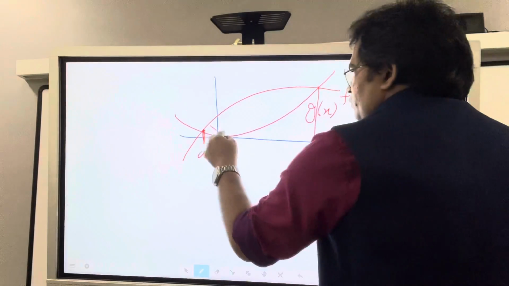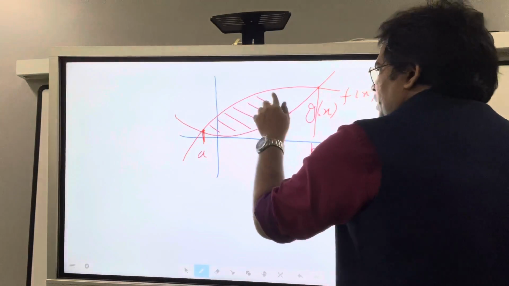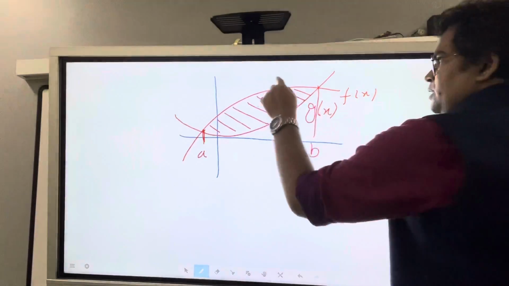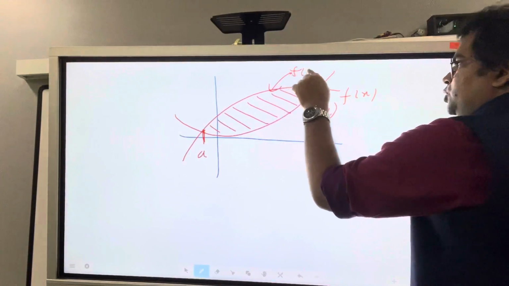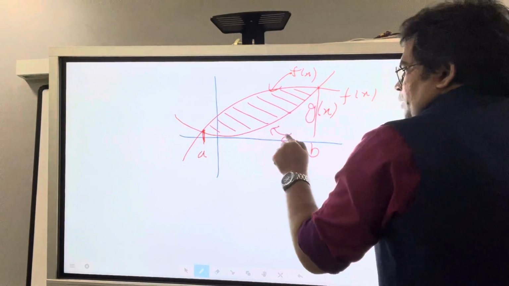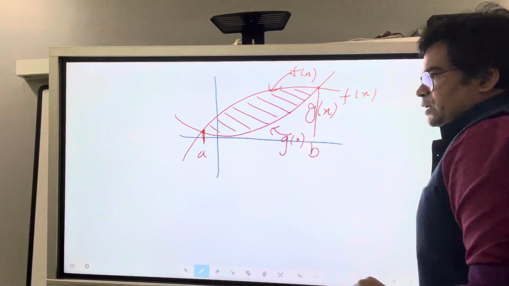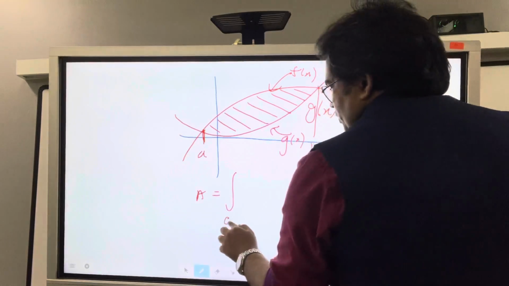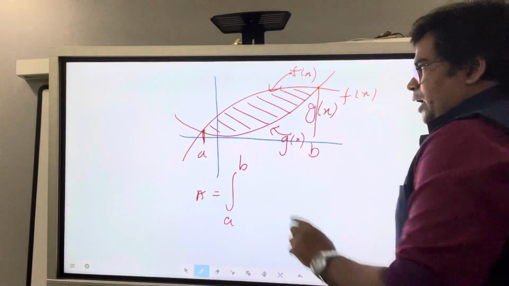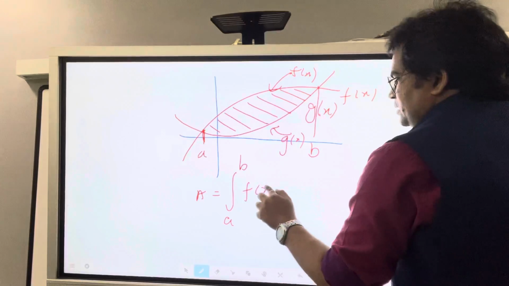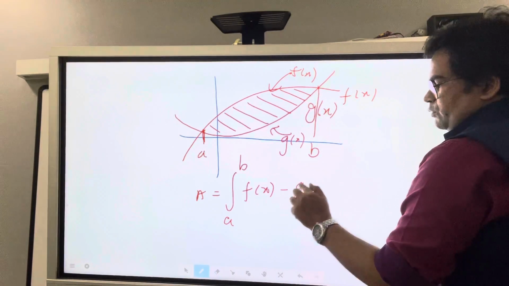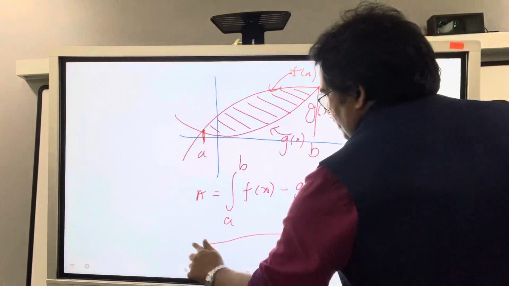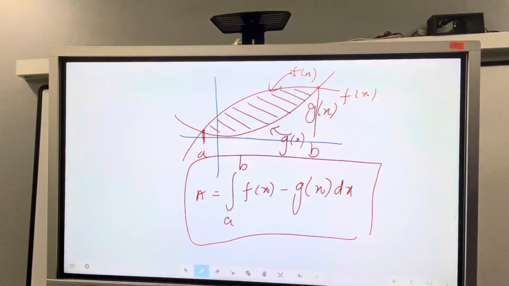And then you find the area bounded by both the graphs. Assume that f of x is the upper curve and g of x is the lower curve. Here we have a straightforward formula. You first find the intersections A to B, and then you integrate the upper curve f of x minus the lower curve g of x. So this gives us the area bounded by two graphs straight away.